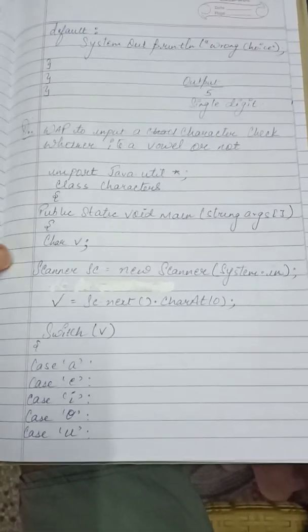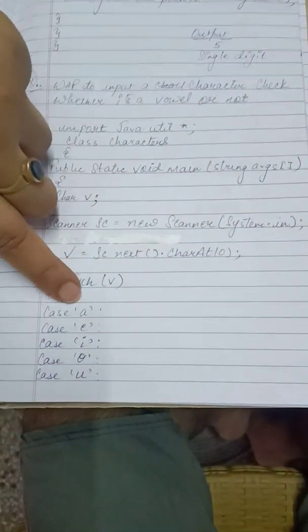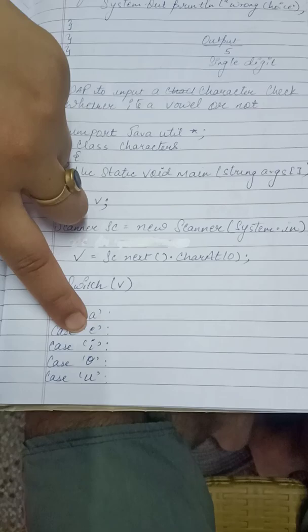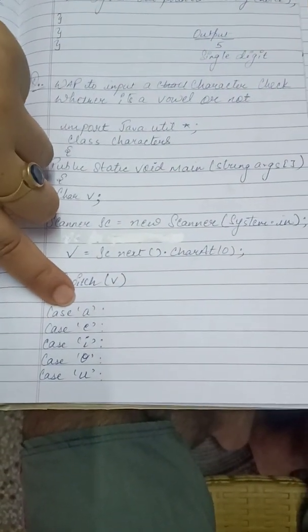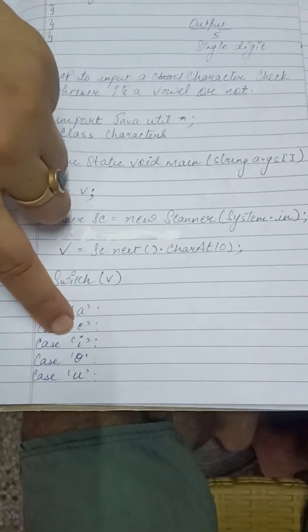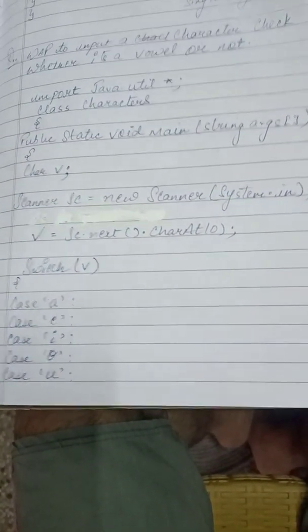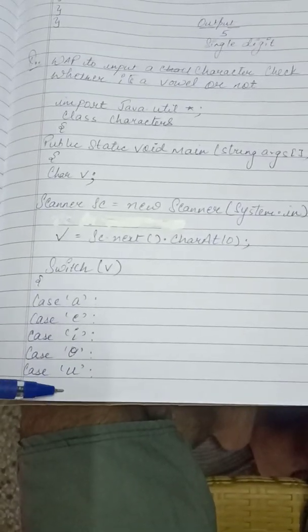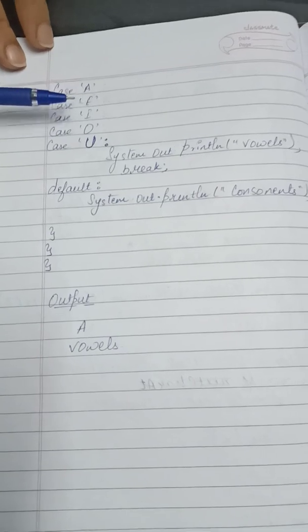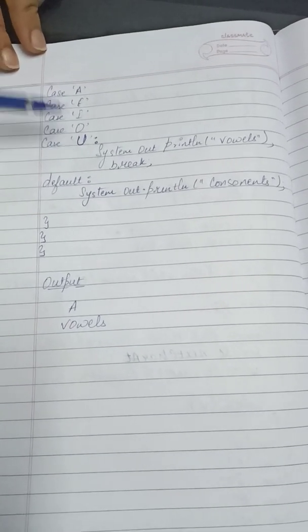Now switch v. Now for case, all the characters are enclosed within single quotes. Now 'a', 'e', 'i', 'o', 'u' I have taken within single quotes. These are your vowels. Now for this, also capital 'A', 'E', 'I', 'O' and 'U'.